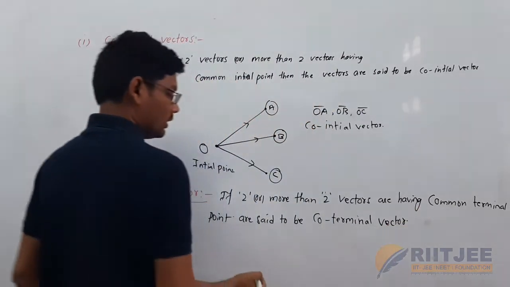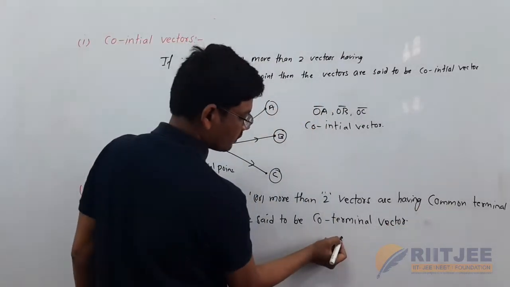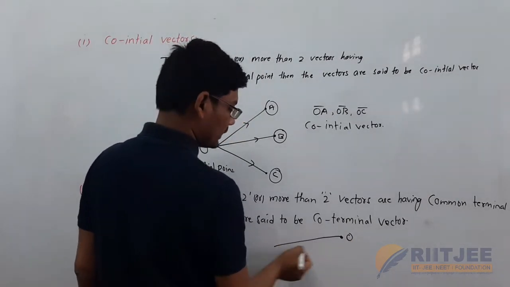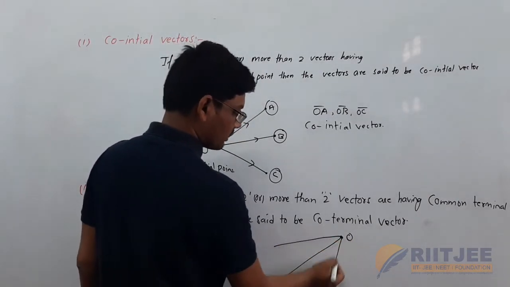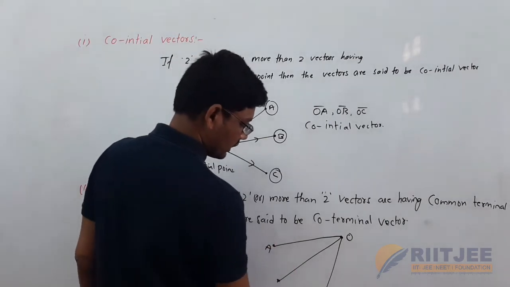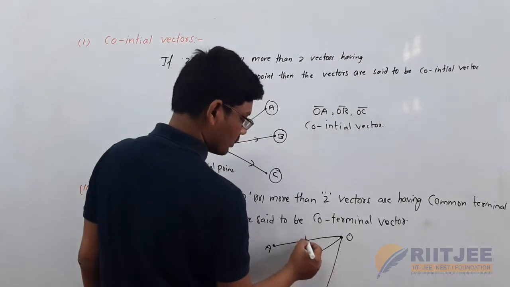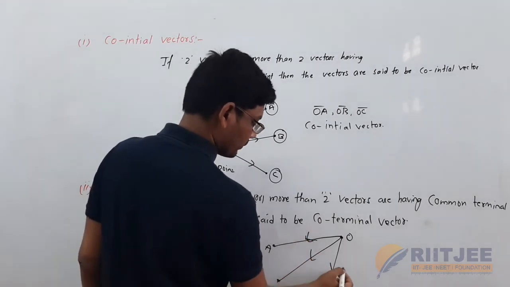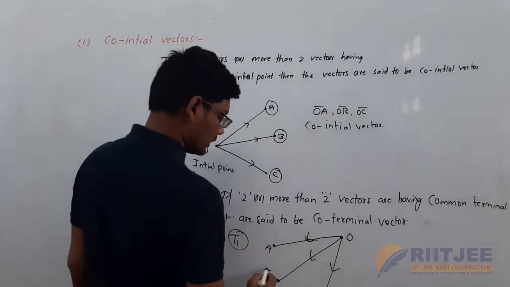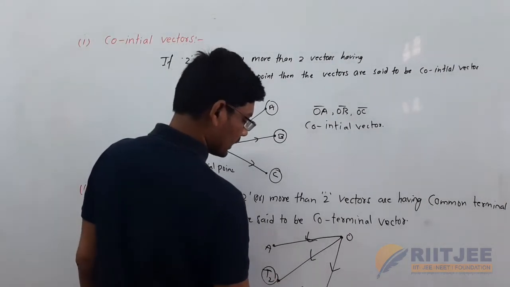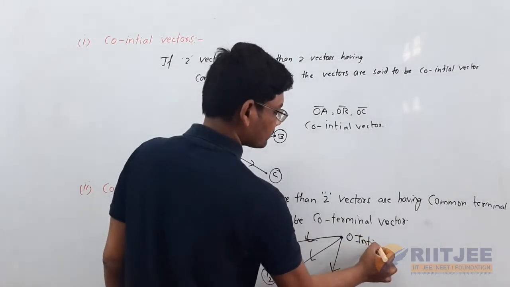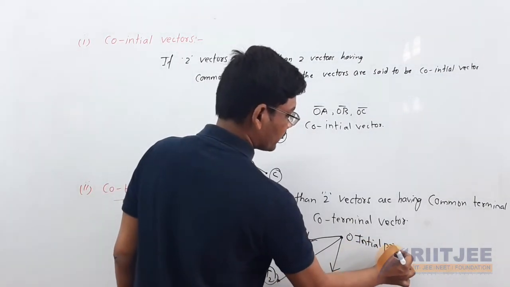For example, here O is a terminal point and these are the vectors. Here we have three vectors: this is A, this is B and this is C. So this is terminal point 1, this is terminal point 2, and this is terminal point 3. Here this is the initial point.